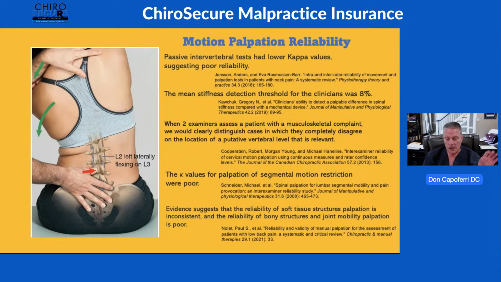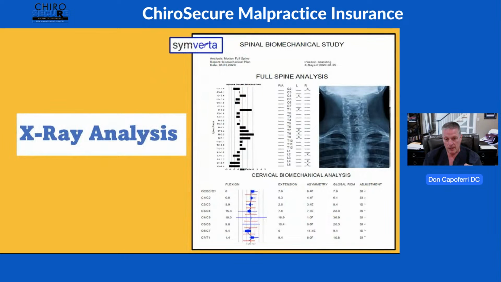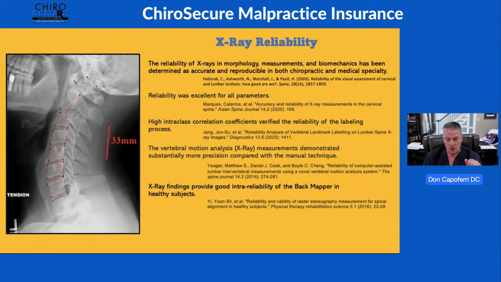Traditionally, we've used range of motion studies or motion palpation, and what you're looking at now is the poor inter-rater reliability of motion palpation. And then X-ray analysis, particularly from Simverta, that next page shows very high scores of inter-rater reliability using X-ray digitization.